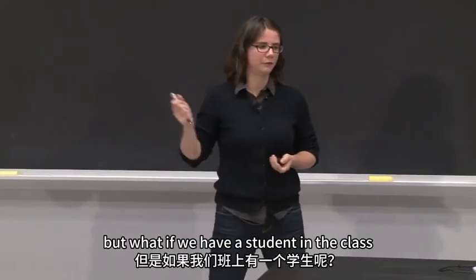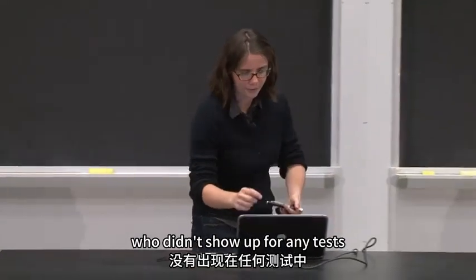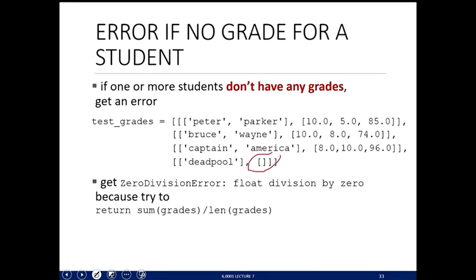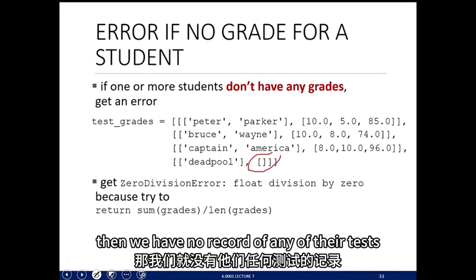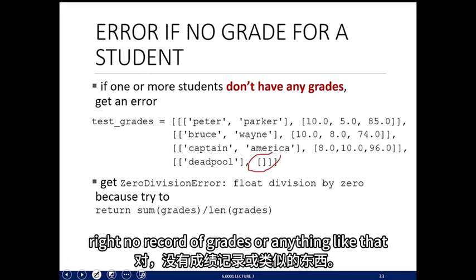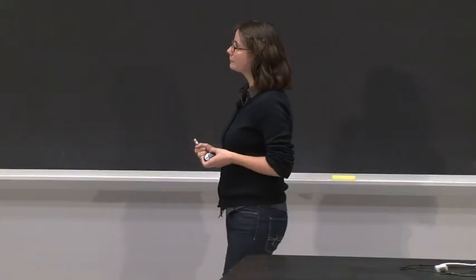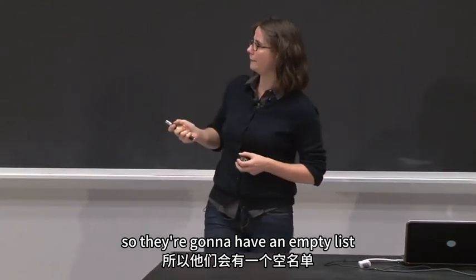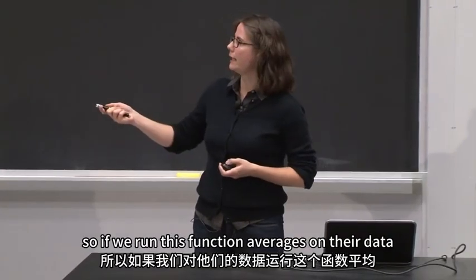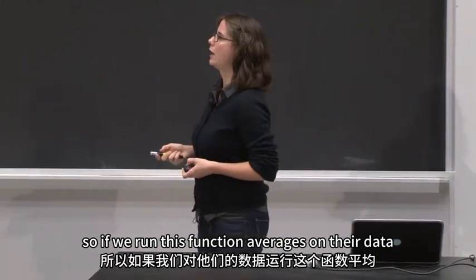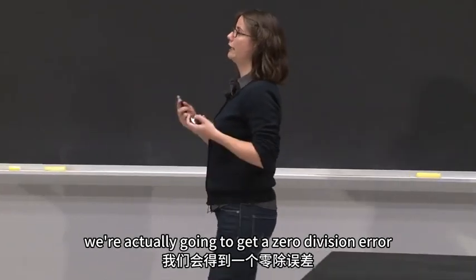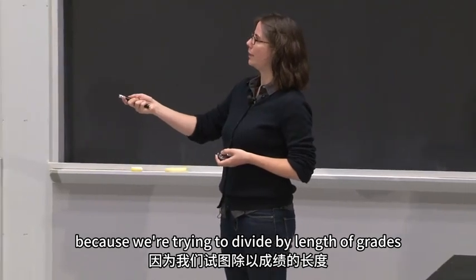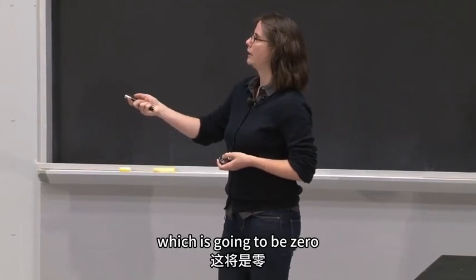But what if we have a student in the class who didn't show up for any tests? Then we have no record of any of their tests, right? No record of grades or anything like that. So they're going to have an empty list. So if we run this function averages on their data, we're actually going to get a zero division error because we're trying to divide by length of grades, which is going to be 0.